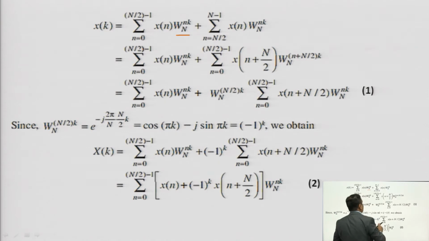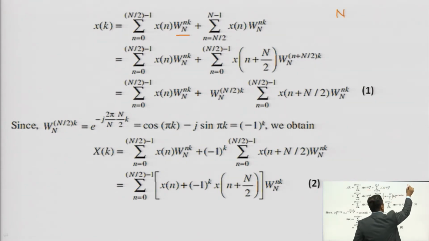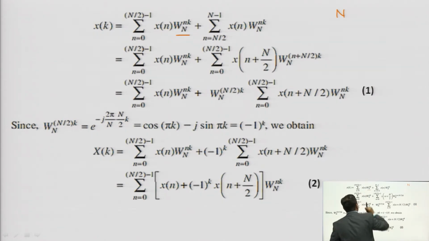W N is the twiddle factor that I explained earlier. Then summation from N by 2 to N minus 1, because your sequence is of length capital N, so you have to go from 0 to N minus 1. At first you take the limit 0 to N by 2 minus 1, then N by 2 to N minus 1 for the same sequence.